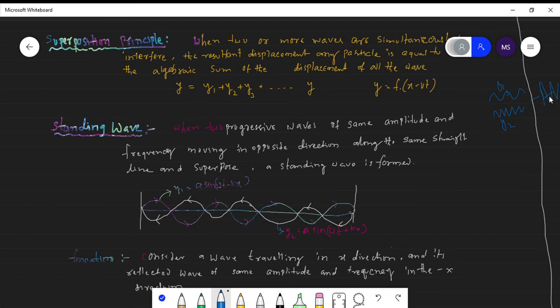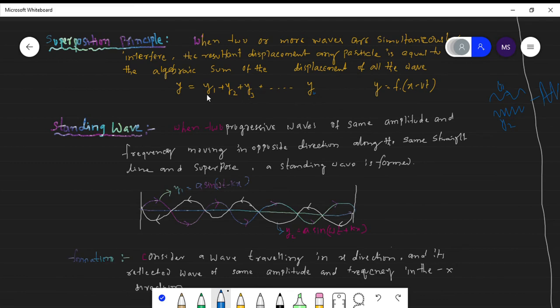So this wave equation is a combination of all the waves. Therefore, the resultant displacement of the wave is equal to the algebraic sum of the displacements. The first wave displacement is y1, the second wave displacement is y2, the third wave displacement is y3, and the last, nth wave displacement is yn.